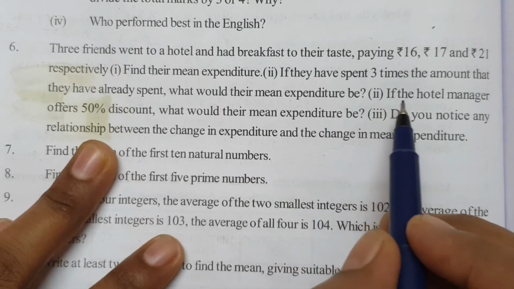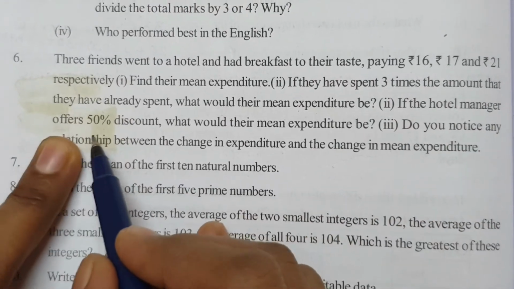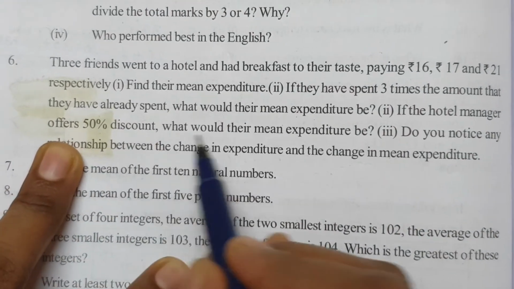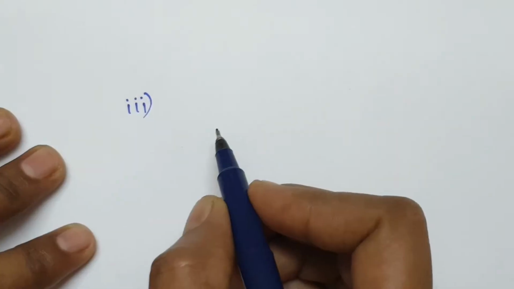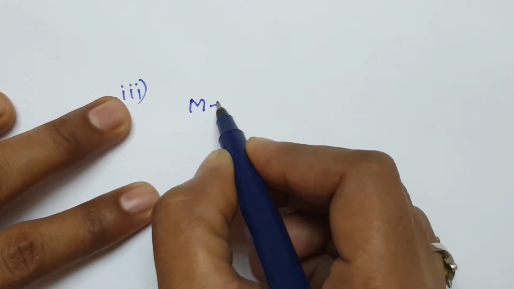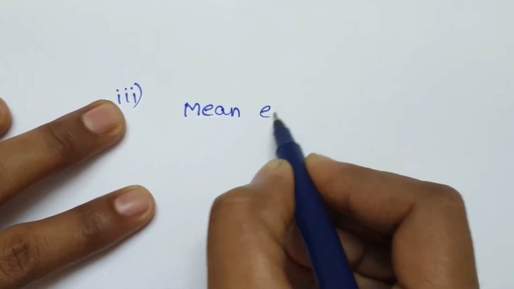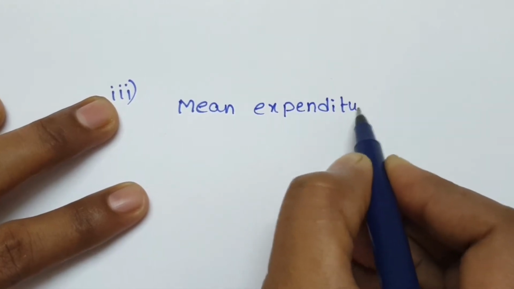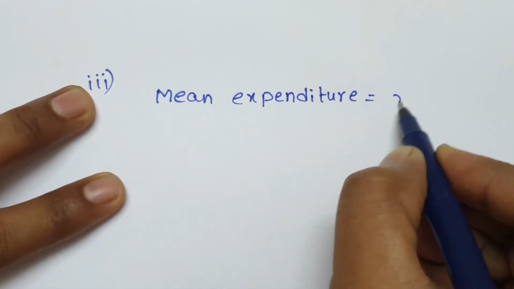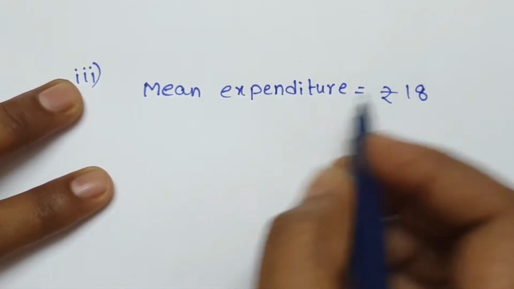Here, third question: if the hotel manager offers a 50% discount, what would be their mean expenditure? Mean expenditure equals 18 rupees.